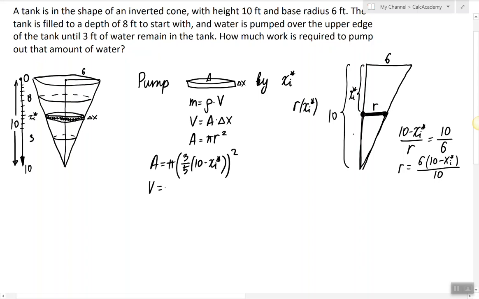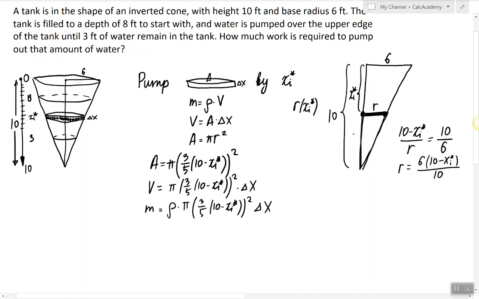The volume of that layer then will be pi times 3/5 times 10 minus xi star squared times delta x, and the mass will therefore be the density of the water times the volume, which is pi times 3/5 of 10 minus xi star squared delta x.